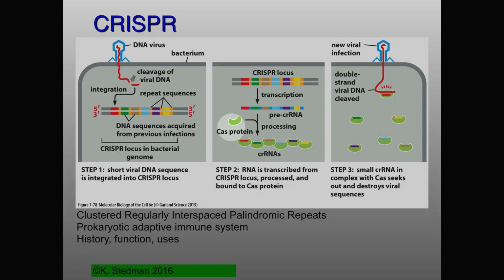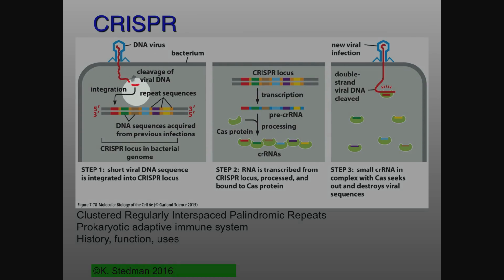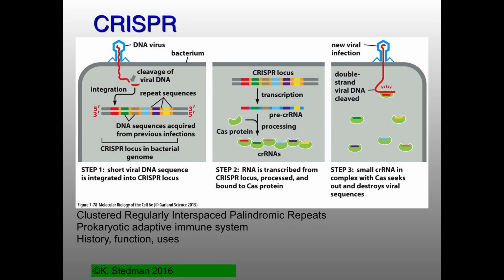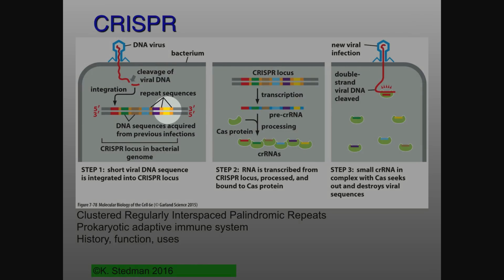The cell which is being infected by a virus somehow has to discover that this piece of DNA coming in here is foreign DNA. It does that through the PAM sequence, which is right next to the piece of DNA that gets chopped up. That piece of DNA then gets put into a CRISPR locus, which is the clustered regularly interspersed palindromic repeats, in the spacers, the colored ones here, relative to the orange ones, which are all the repeats.